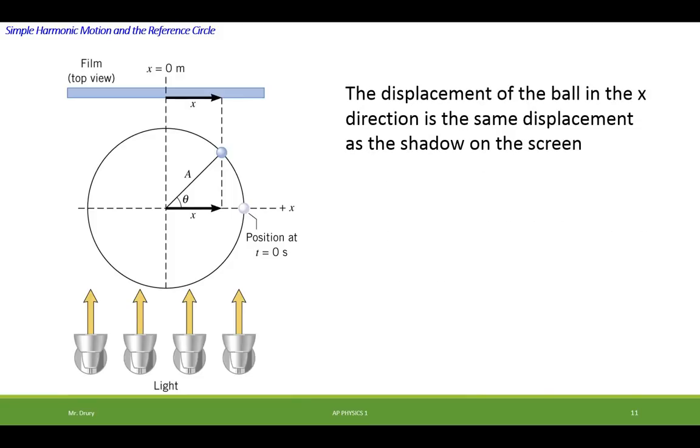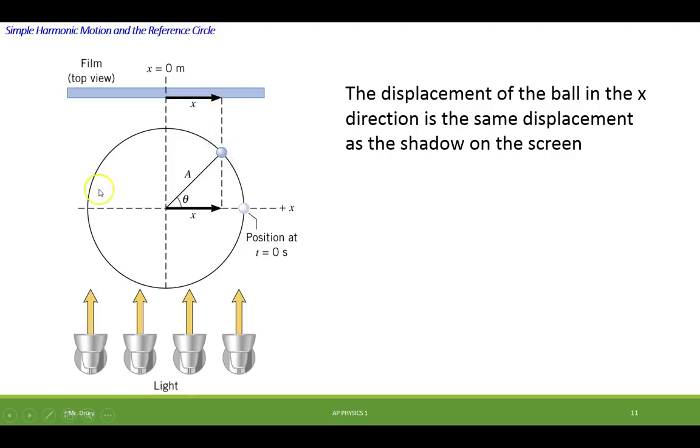All right. The displacement of the ball in the x direction is the same as the displacement of the shadow on the screen. So if the ball is at this position here, the displacement is x, which is also the maximum it can be, which we call A. And as it goes around, let's say it's at this position, the shadow is at that position.